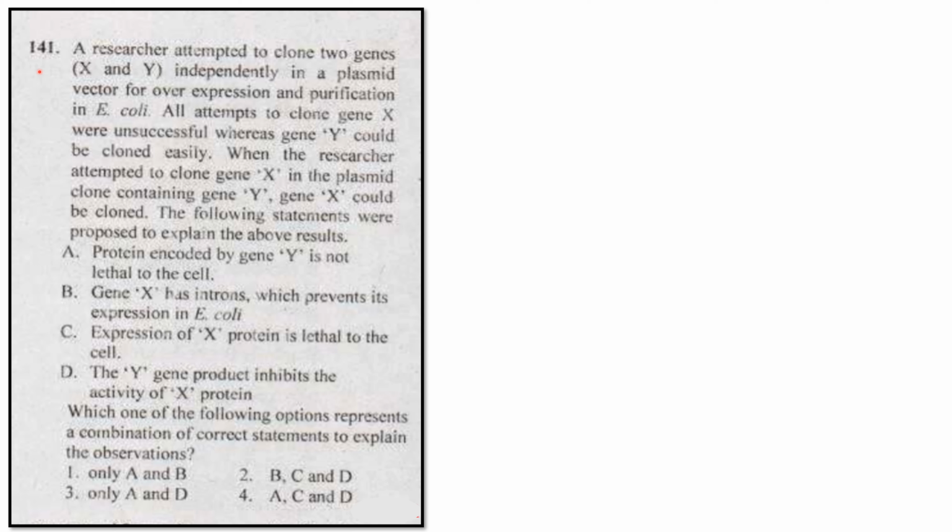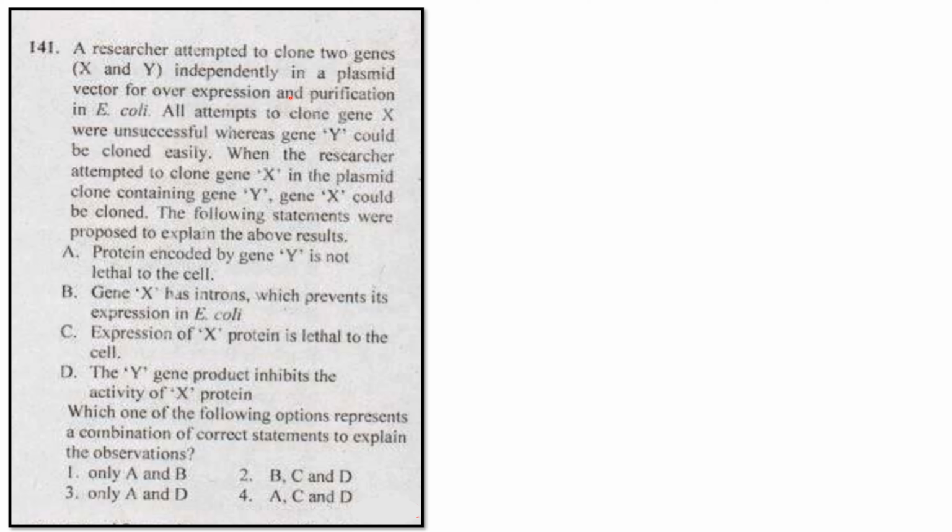First, he took the X gene and cloned it with some plasmid vectors, but the cloning was not possible. After that he took the Y gene and cloned it, and he succeeded in cloning the Y gene. So X gives negative and Y gives positive independently.